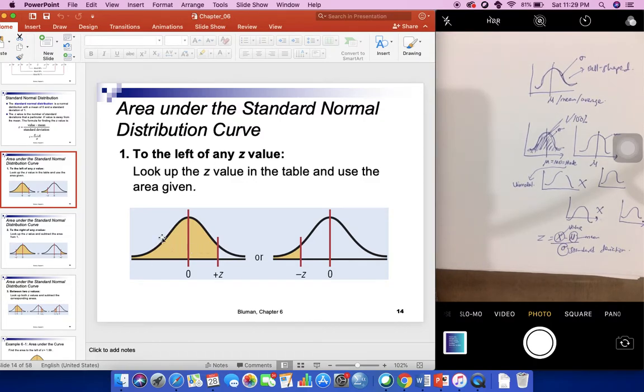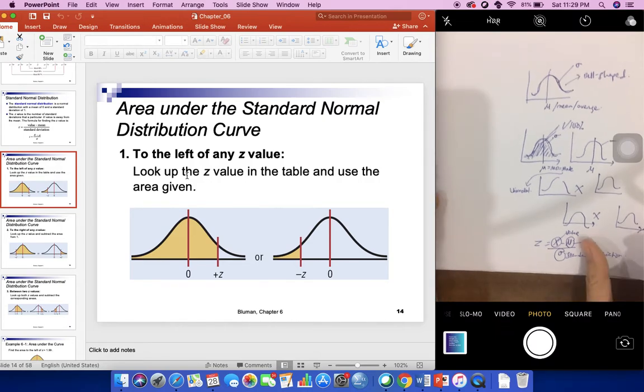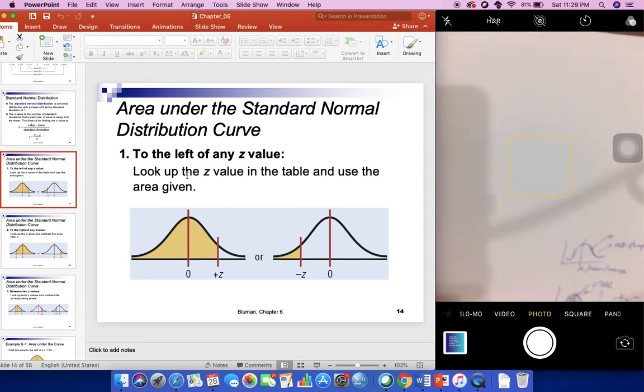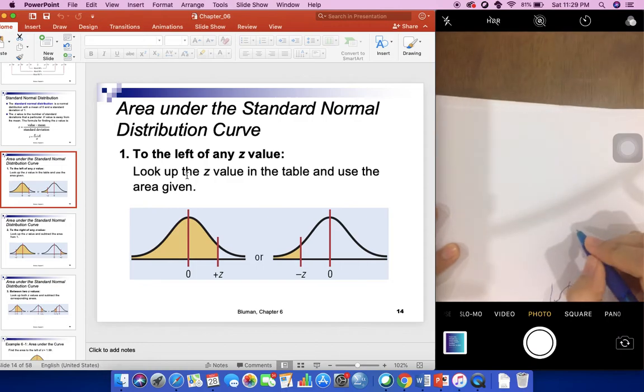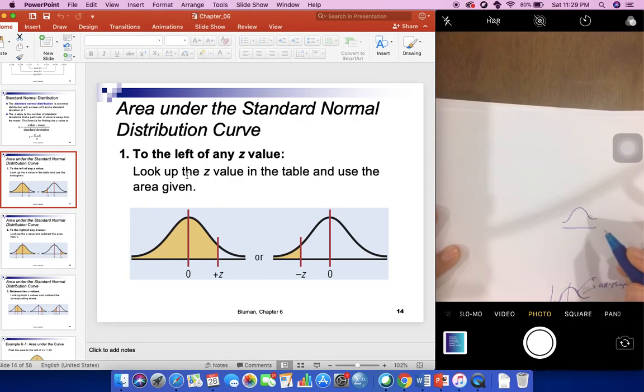To the left, if the z value is here, where 0 refers to the mean, then the area starts from here until here.